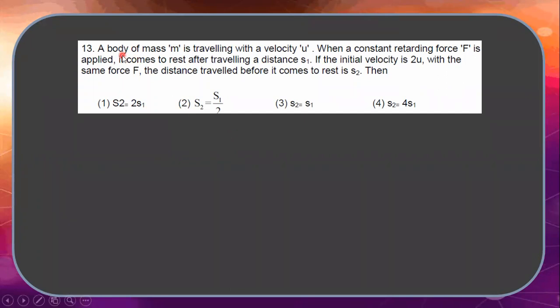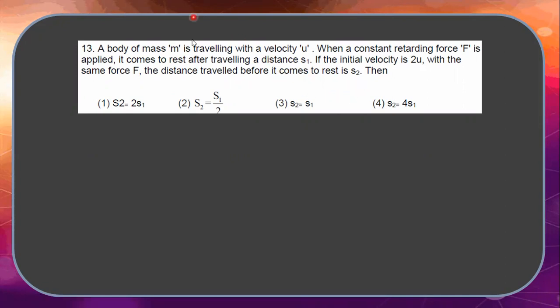It is given that a body of mass m is traveling with a velocity u. When a constant retarding force F is applied, it comes to rest after traveling a distance s1. If the initial velocity is 2u, with the same force, then the distance traveled before it comes to rest is s2.